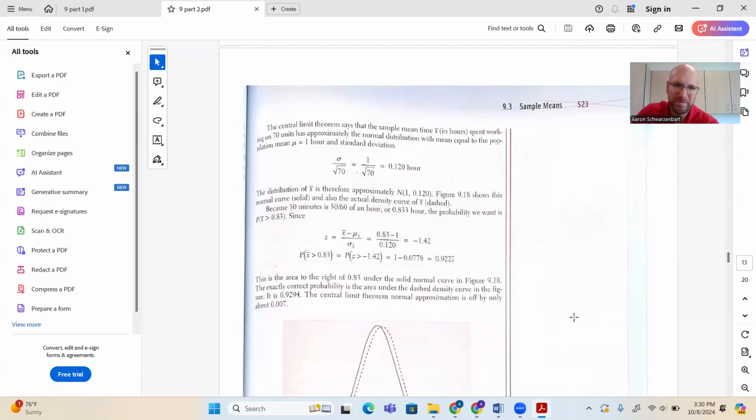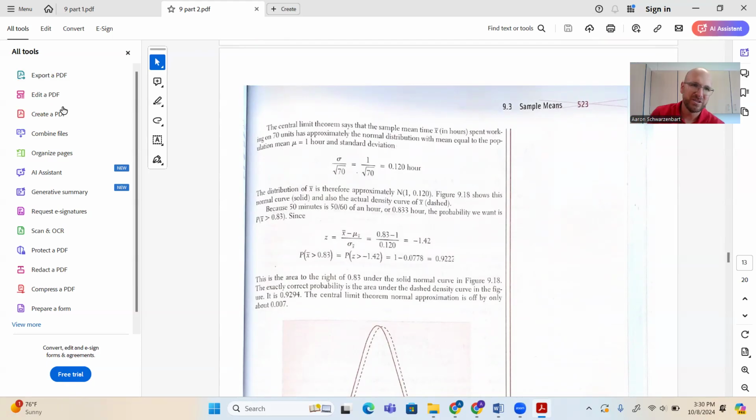So, the central limit theorem says that the sample mean time x bar on work spent at 70 units is approximately equal to the population mean mu, 1 hour, and standard deviation of 1 hour.